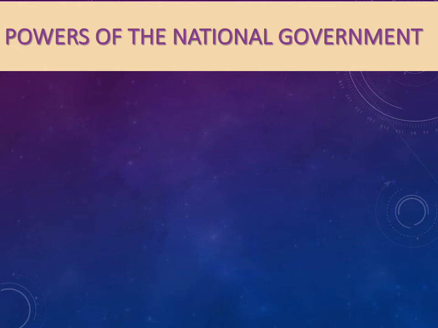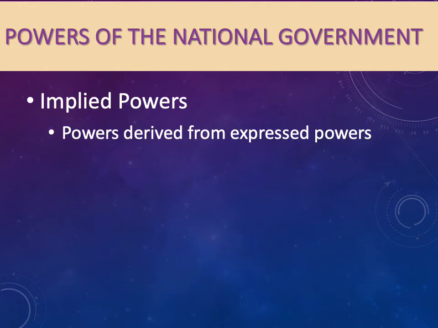Now, beyond the expressed powers, there are other powers that the national government has. In your textbook, these are referred to as implied powers, okay? Article 1, Section 8 enumerates the powers of Congress. But implied powers are the powers that are derived from the expressed powers, but aren't explicitly stated in the Constitution.